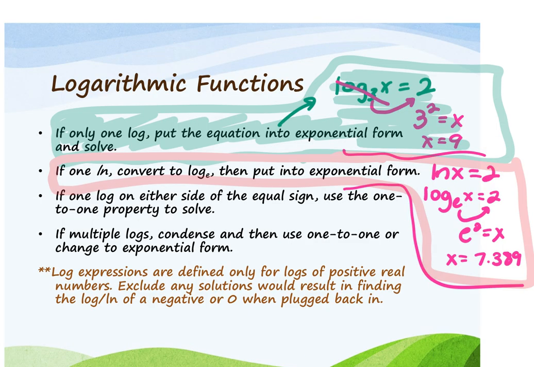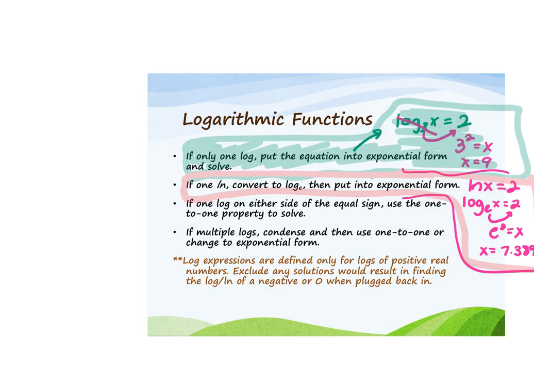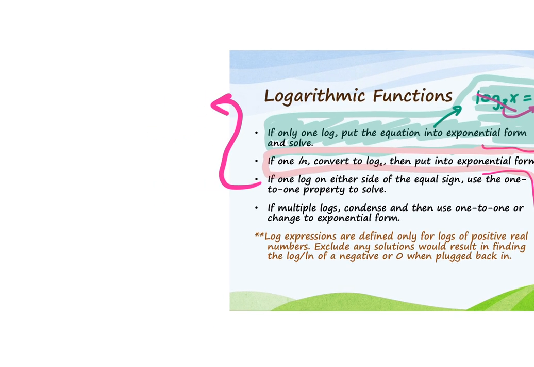Okay, next different type of log is that there's one log on either side of the equal sign. So with these, it's just like with your exponential functions. If you have the same base, which means the same log on either side of the equal sign, you can actually ignore the log and set what's next to it equal to each other. So if I had log base 7 of x plus 2 equals log base 7 of 10, as long as they are both the same log, it could be log base 10, which they'll just say log, it could be log base a number, it could be ln, because that's the same thing.